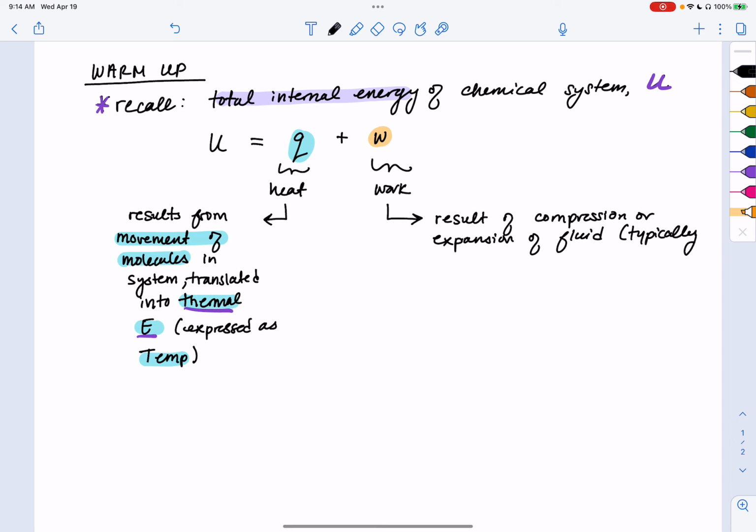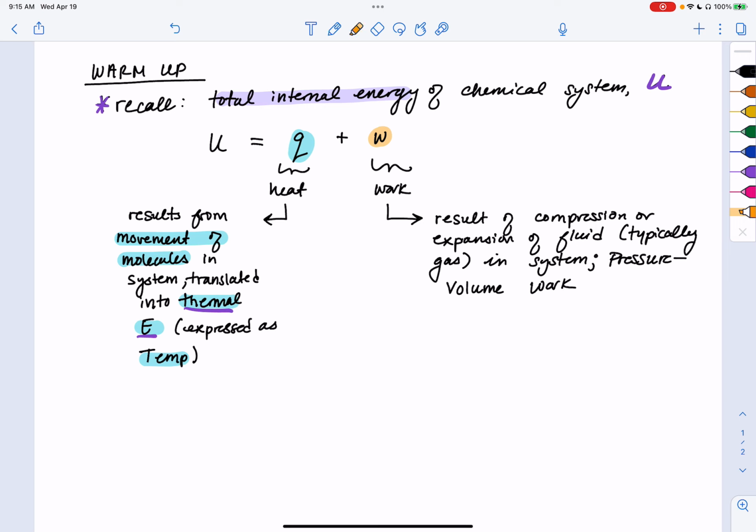A fluid is anything that flows. In a system, and as such, we specify what kind of work this is. We call this pressure volume work.